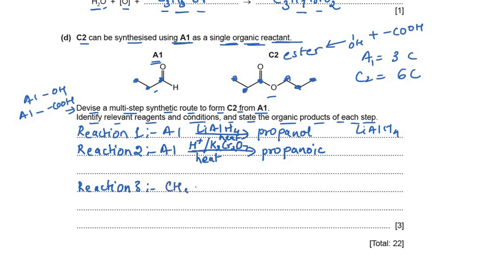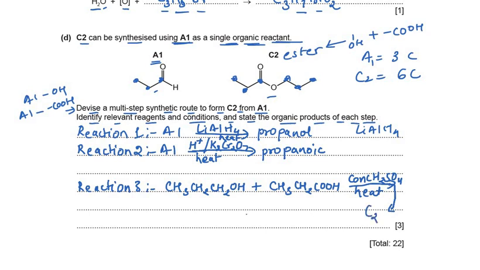So molecular formula of propanol is CH3CH2CH2OH, and propanoic acid is CH3CH2COOH. And to make ester from both of these, we need concentrated sulfuric acid, that is H2SO4, and heating is required, and the product formed will be C2.